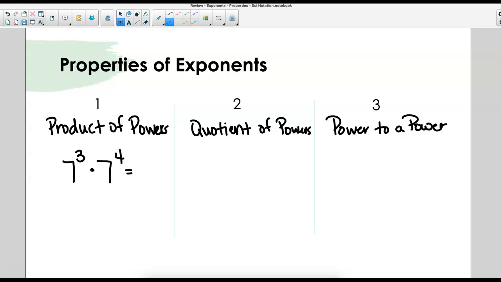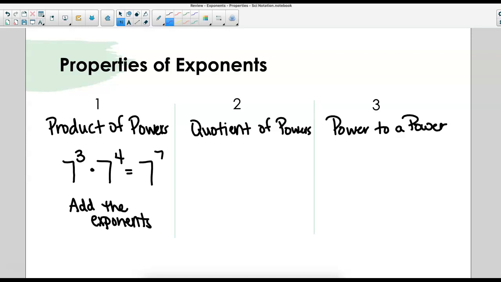So when it was 7 to the third power times 7 to the fourth power, add. So it'd be 7 to the 7th power, because you add the exponents. Now you remember this? It's coming back to you.